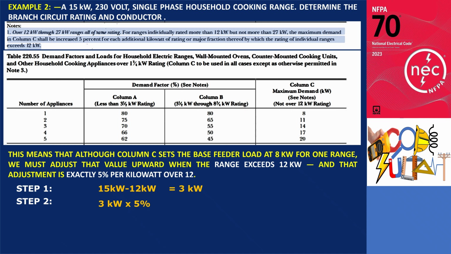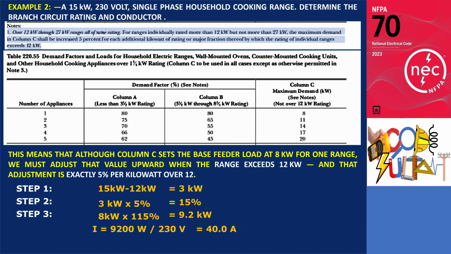Multiplying this by 5% gives us 15%, which we then apply to the column C base value of 8 kilowatts. The adjusted demand becomes 9.2 kilowatts, which at 230 volts translates to about 40 amperes. Therefore, the appropriate overcurrent protection is a 40 amp breaker with number 8 AWG copper conductors.